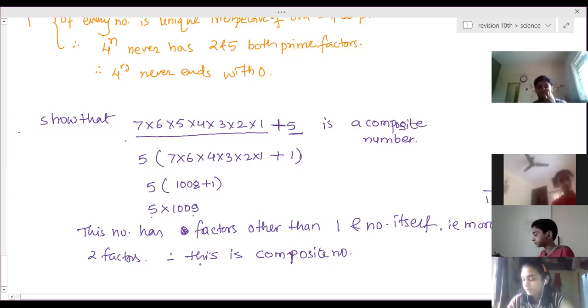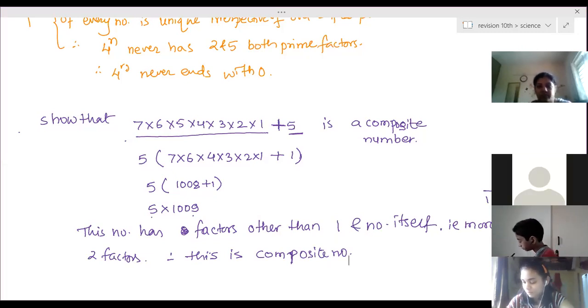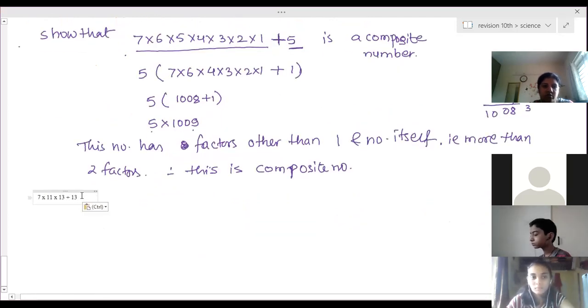Yes, ma'am. So this is a composite number.